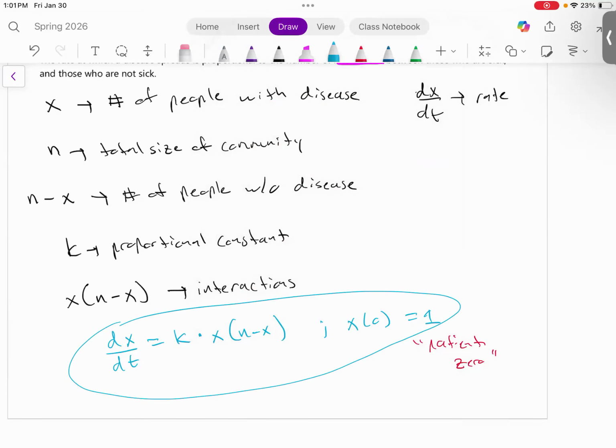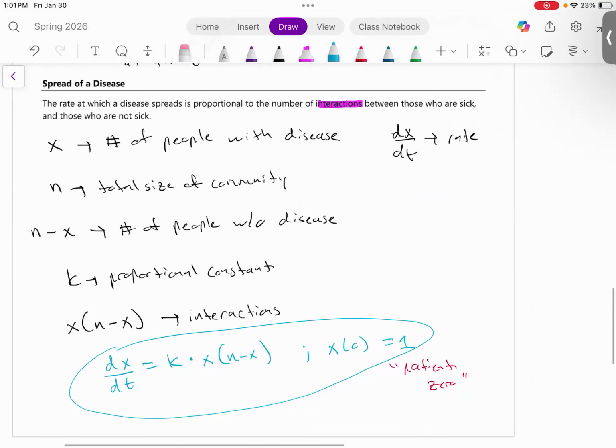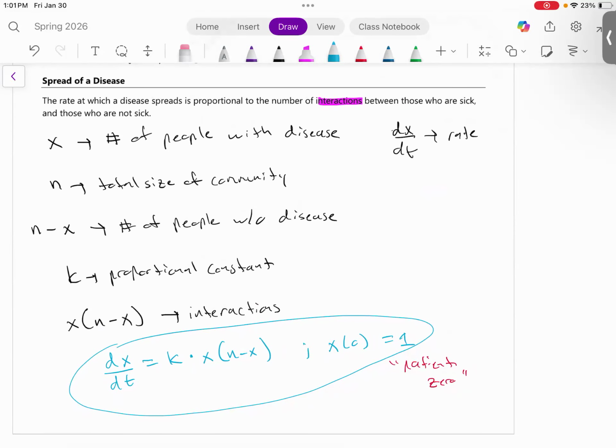So this is our model for spread of disease, also well known and used before. We're just breaking the statement apart and writing how we develop it. That's it for section 1.3, differential equations as mathematical models, just a couple of examples.